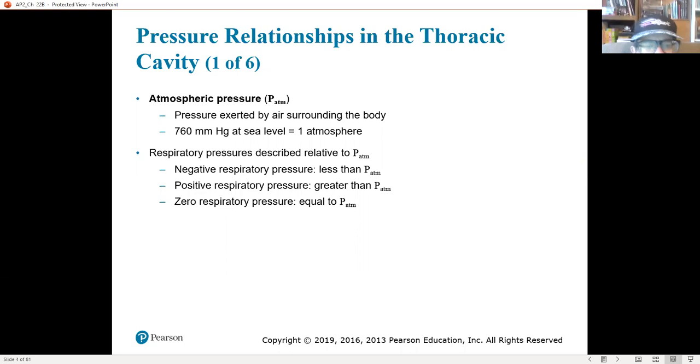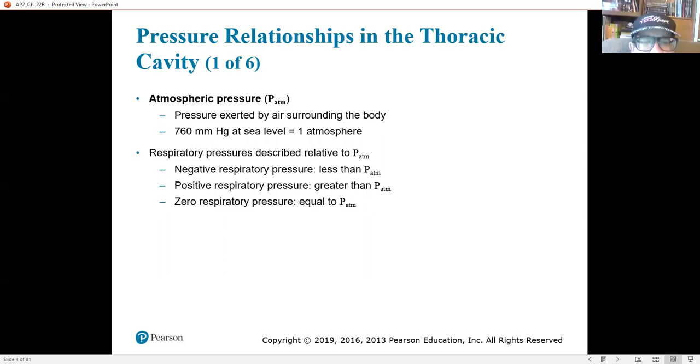All right, so atmospheric pressure is the pressure of the air surrounding the body. At sea level, obviously, this is going to vary slightly whether there's a storm or not, but it's around 760 millimeters of mercury. I think that's around 15.7 pounds per square inch, whatever.